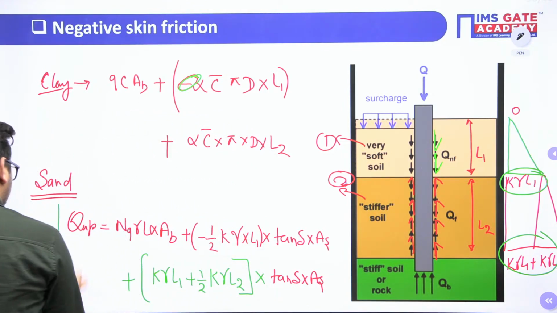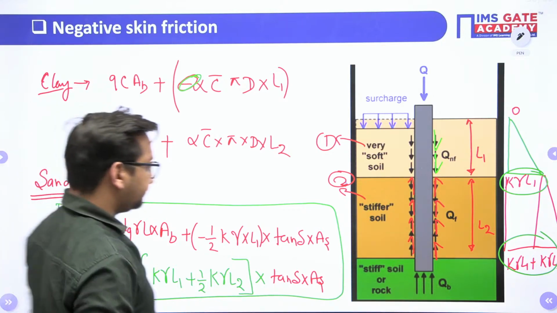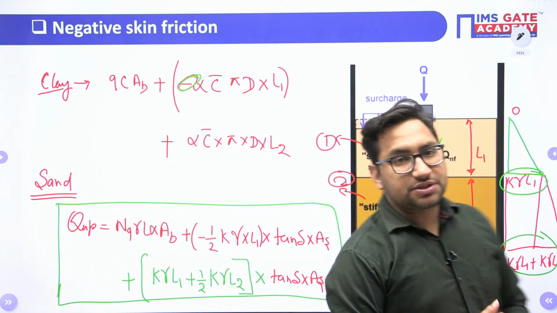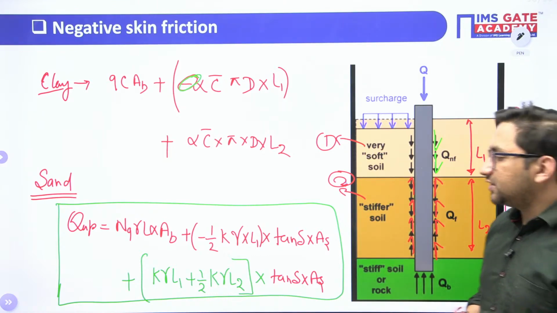So this is the load carrying capacity in case of sand, right? So this is the case of your negative skin friction.